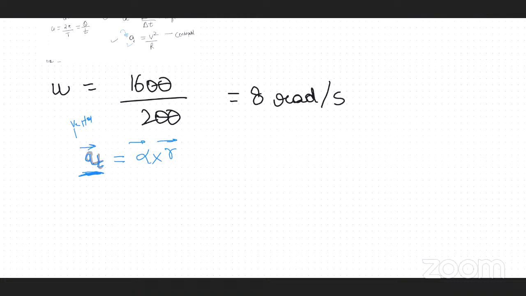Let me start up another page, okay? So that there is clarity on what we're doing. So A tangential is the vector product of these two. Very important.